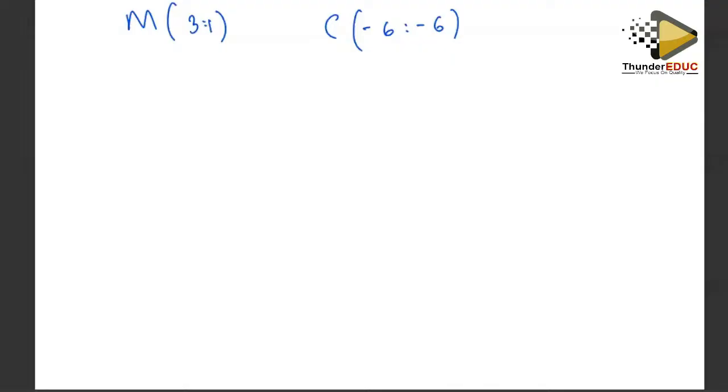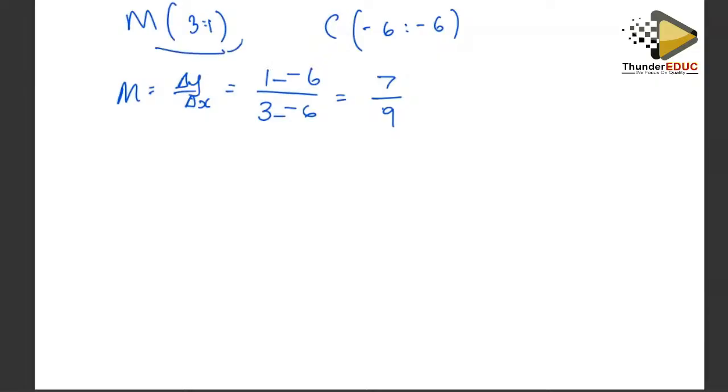So whenever we get the equation, number one, we need to find the gradient, change in y over the change in x. So we're going to say 1 minus -6 over 3 minus -6, meaning that we're going to have 7 over 9. Okay, that's the gradient. Yeah, I know it's weird, but it's fine.